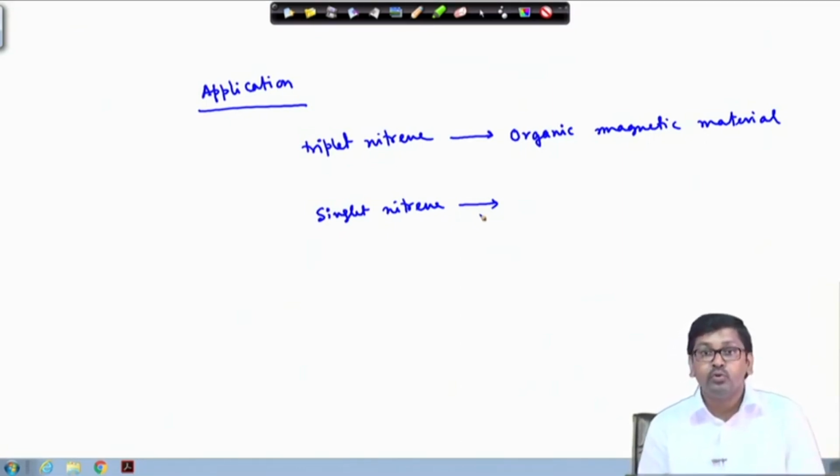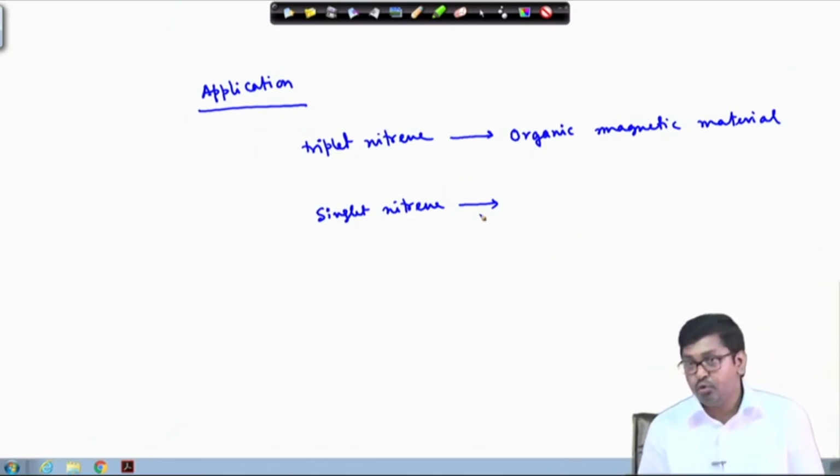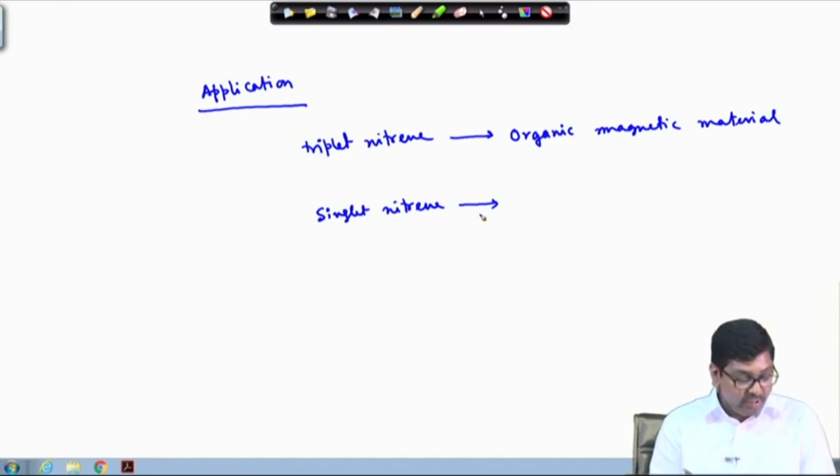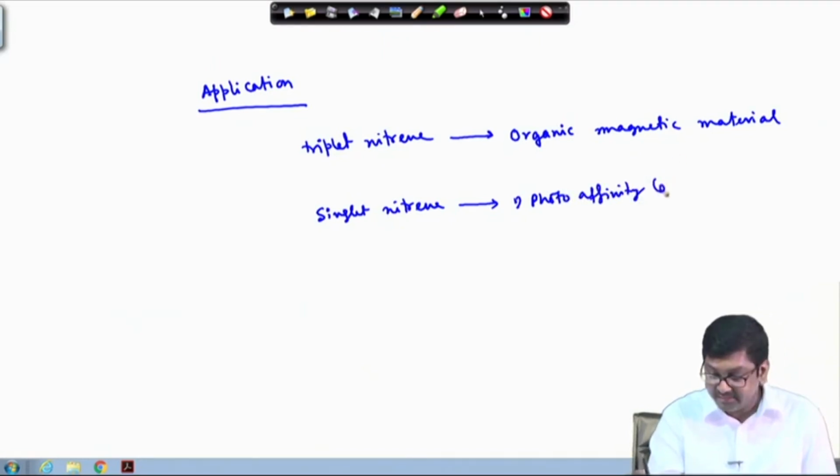So, we can now visualize these proteins through various fluorescence spectroscopy, and that way we can use these singlet nitrenes as photoaffinity labeling agents.